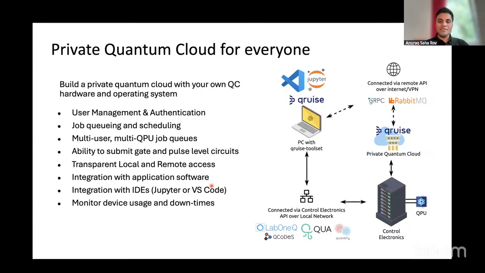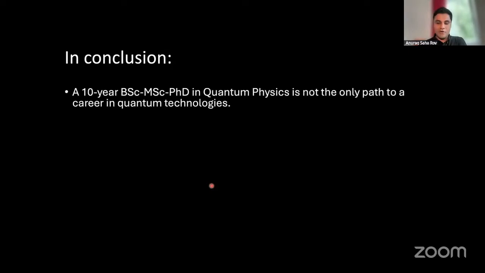So the same things that you would find at your university's high performance computing institute, you will need the same kind of tools for building a quantum cloud for everyone. So this is what happens when quantum computers get out of IBM and Google to every university and research institute.